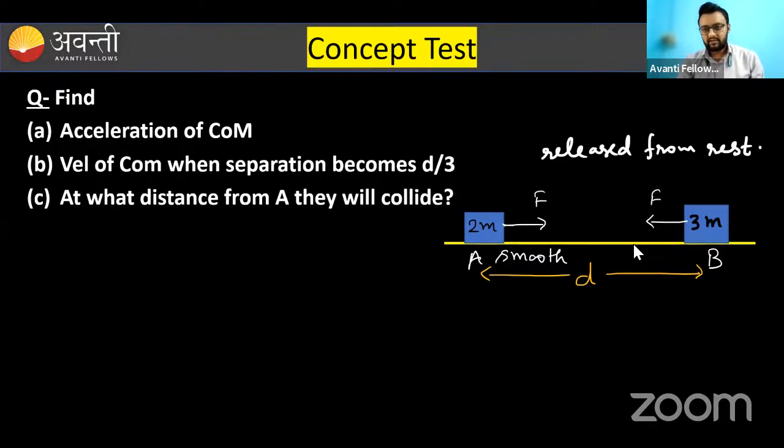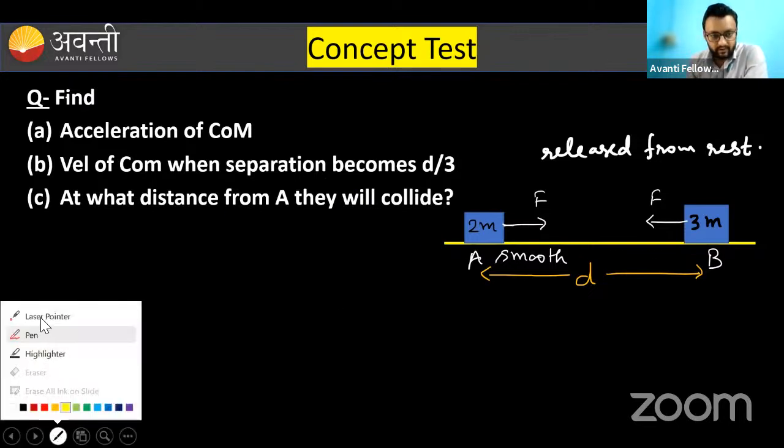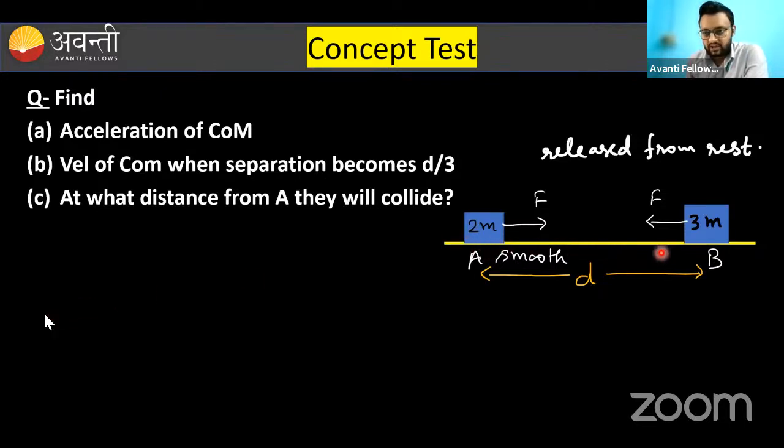There is a very good question on your screen. First of all, I'm describing the question to you. This is a smooth surface on which two masses 2m and 3m are placed.